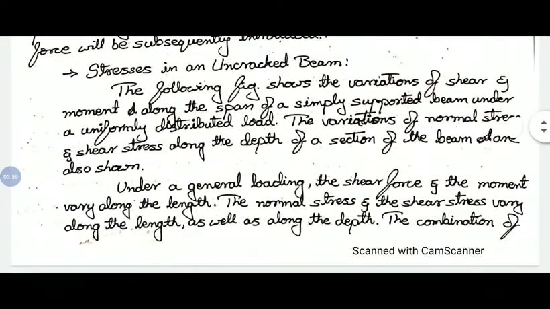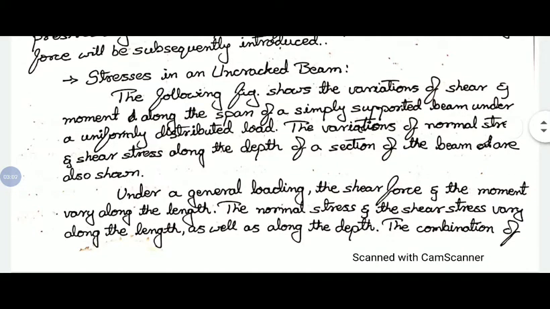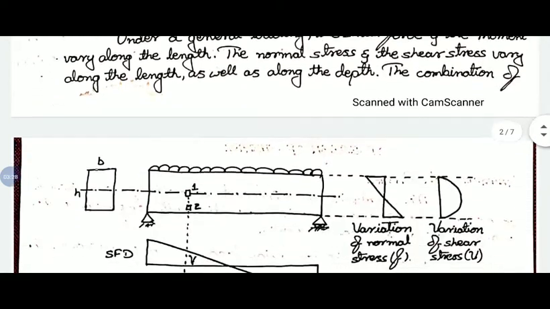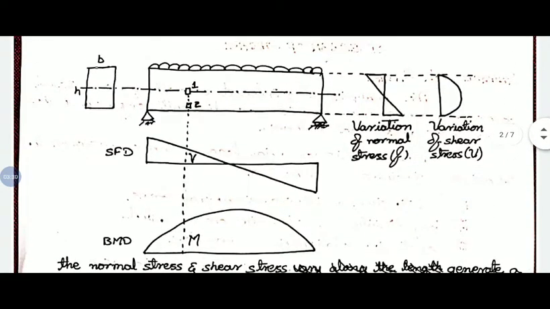For that, first we should know the stresses in an uncracked beam. That is, the beam is in its original position or in good condition, so that will be treated as an uncracked beam. How will the stresses develop in that? The figure shows the following variations of shear and moment. In the figure on the next page, you can see the variations of shear and moment along the span of the simply supported beam.